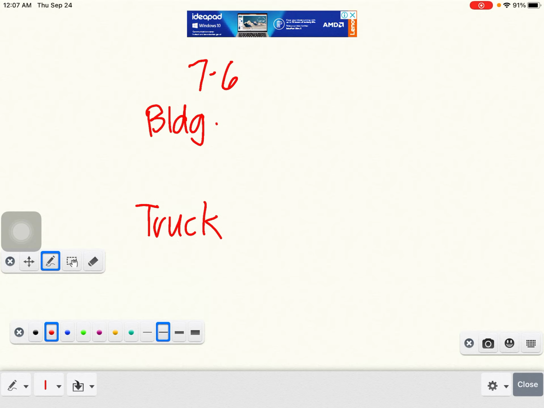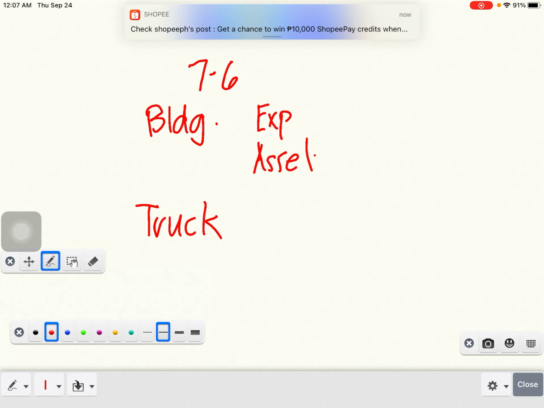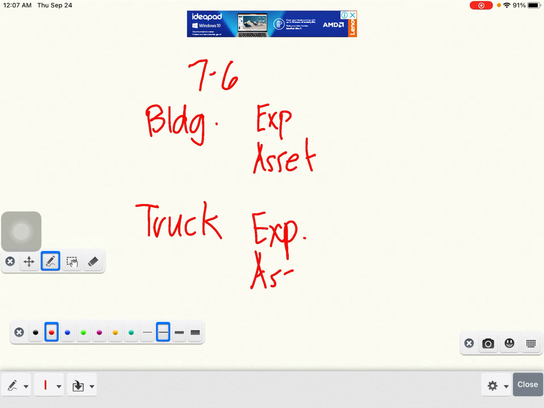So we need to have the expense and asset portions. The truck also has an expense and asset portion. So the expense portion for the building is June 1 until December 31, 20A.